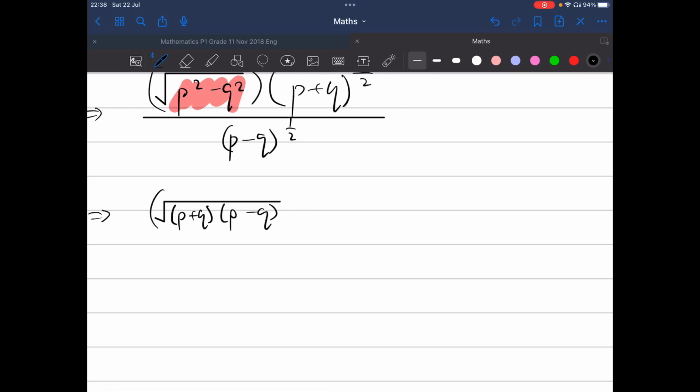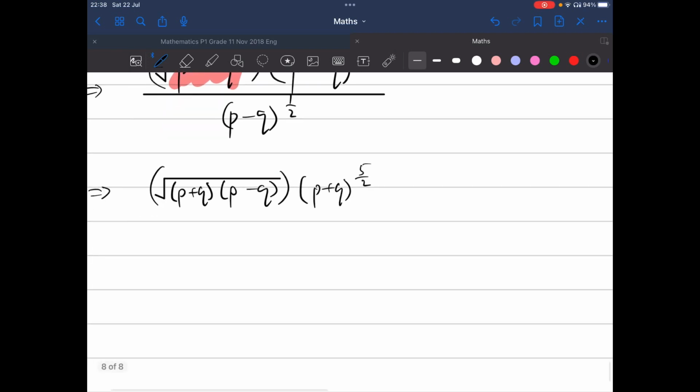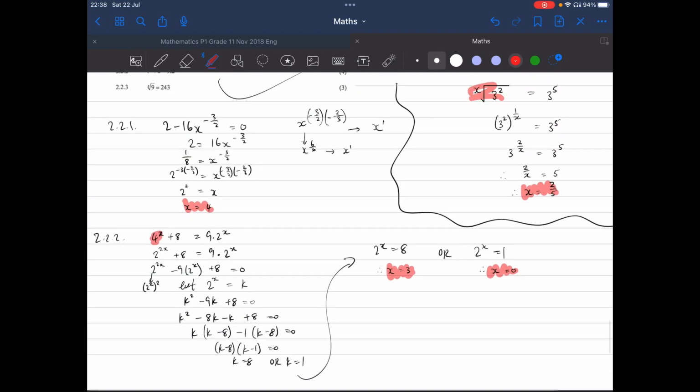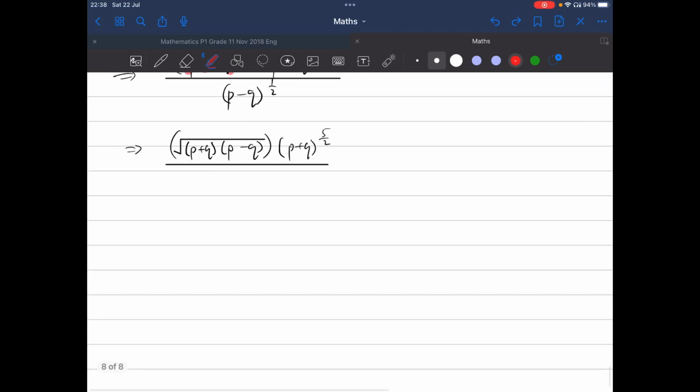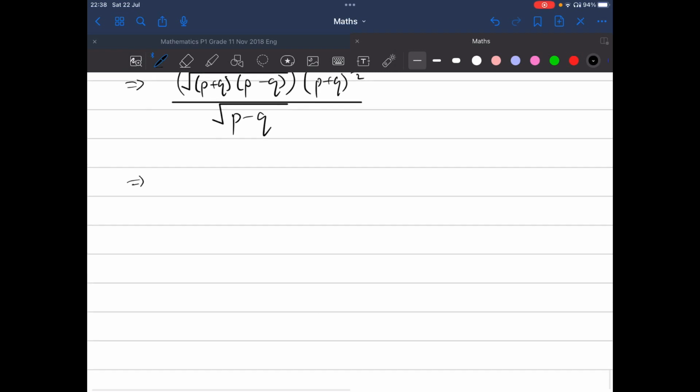Okay, and then this whole thing multiplies by p plus q to the power 5 over 2. Okay, and then the bottom one, if you look at half, remember I was explaining on top here, that's the same as the root of that. So this is the same as saying the root of p minus q. Okay, so let's see now.